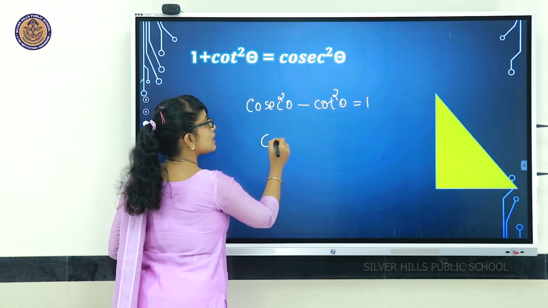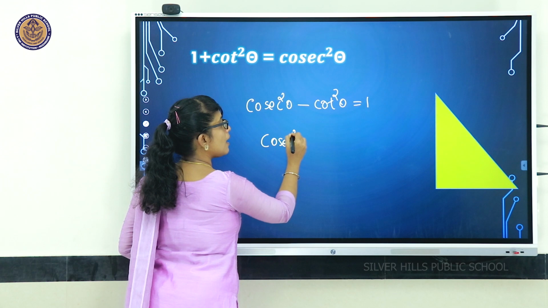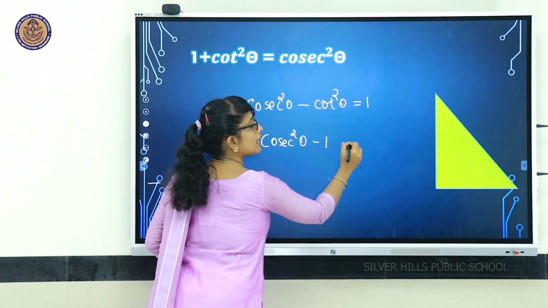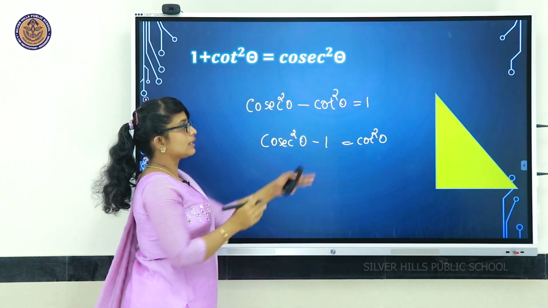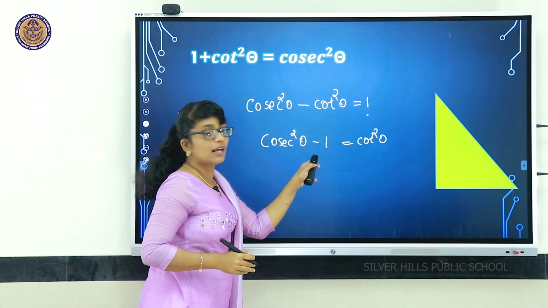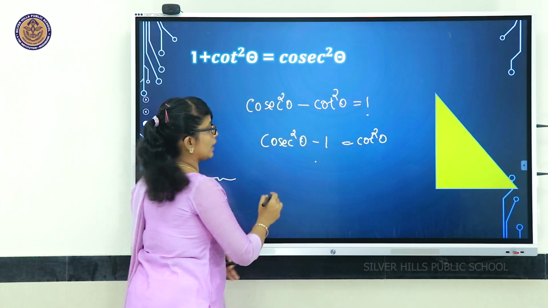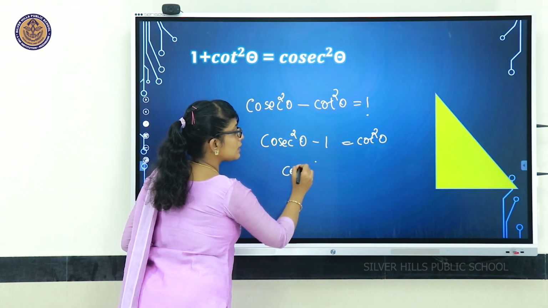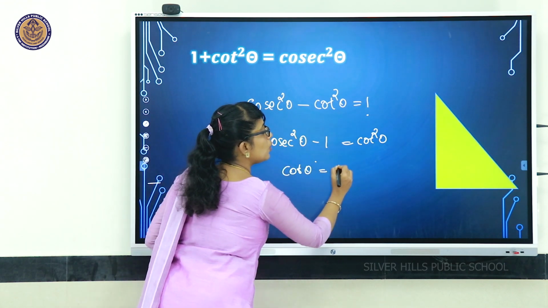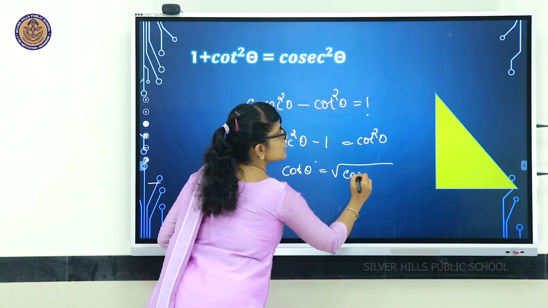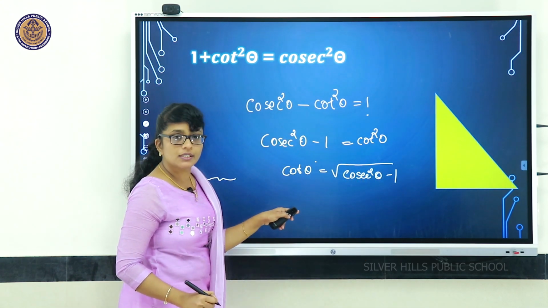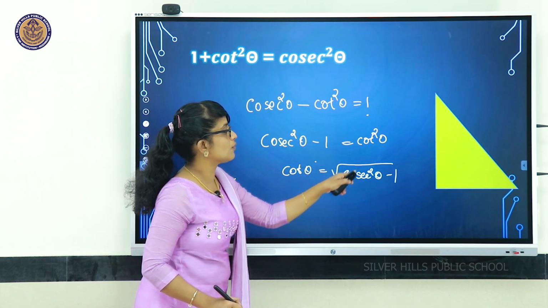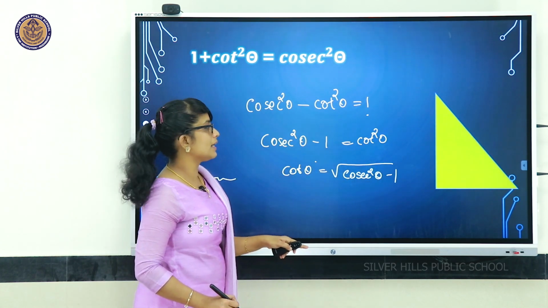Then cosec square theta minus 1 equal to cot square theta. Then cot theta equal to root of cosec square theta minus 1.